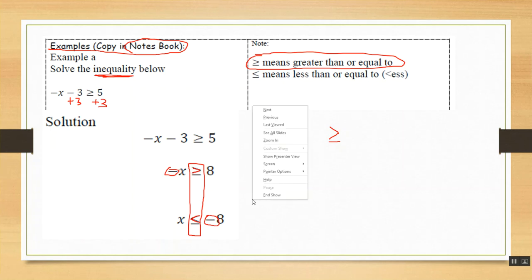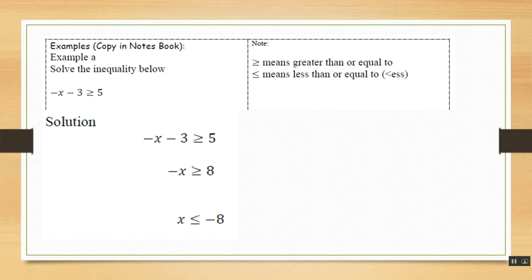I'll just clean up the screen. So greater than changes to less than when we go from minus x is greater than or equal to 8 to x is less than or equal to minus 8.